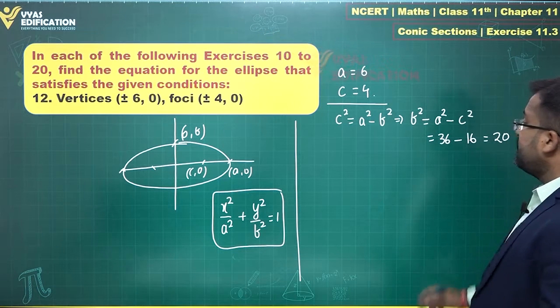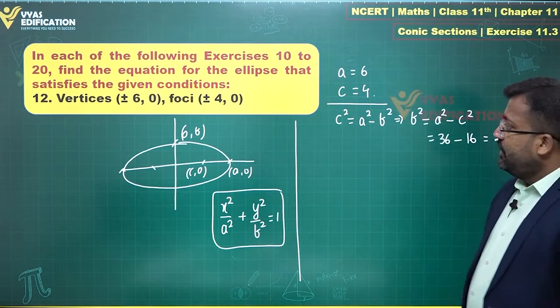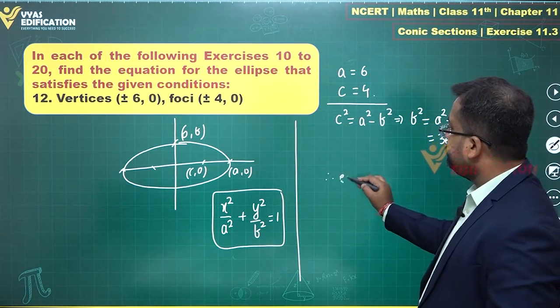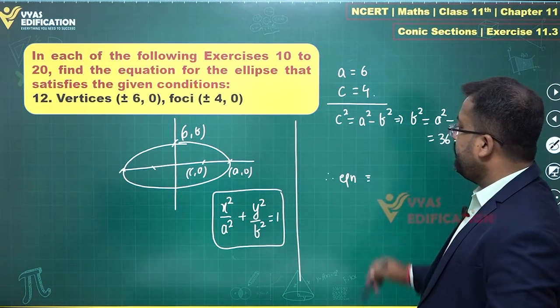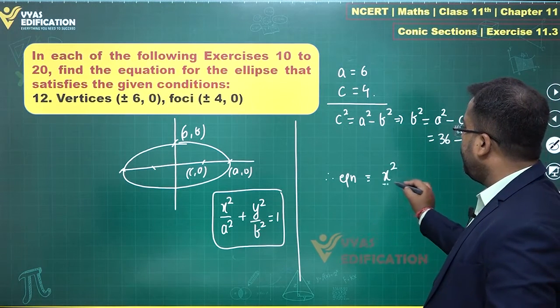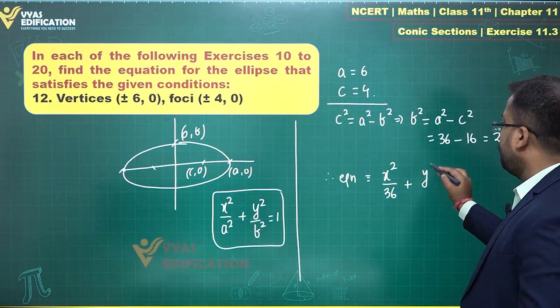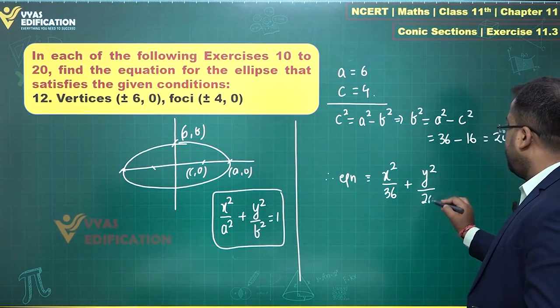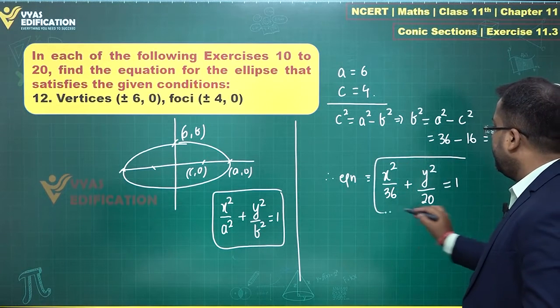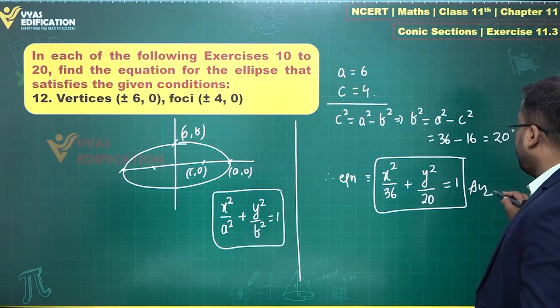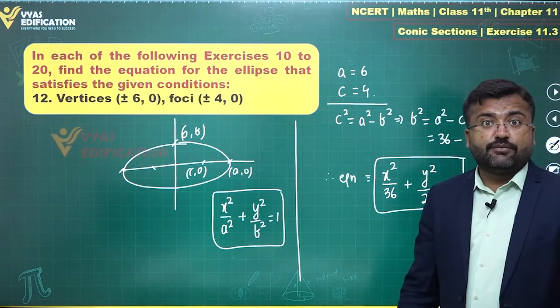That tells me that b square will be equal to 20. Therefore the equation of the ellipse will be x square upon 36 plus y square upon 20 is equal to 1. That is the required equation for this ellipse in this question.